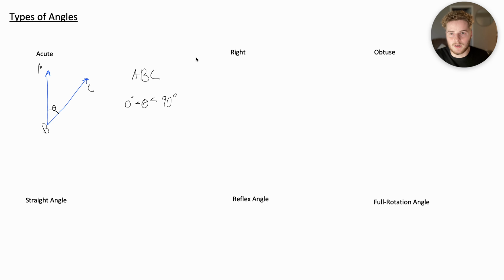Now, a right angle you might have already been introduced to. You're going to have two lines that form a 90-degree angle, often represented with a box because squares make up 90-degree angles. So let's call this CEF. We could call this angle CEF or FEC, whatever one you want to do.